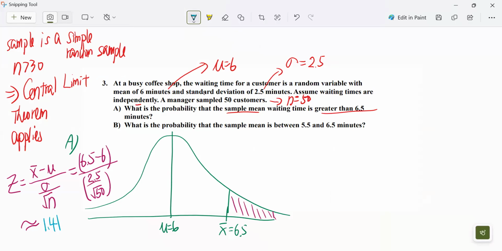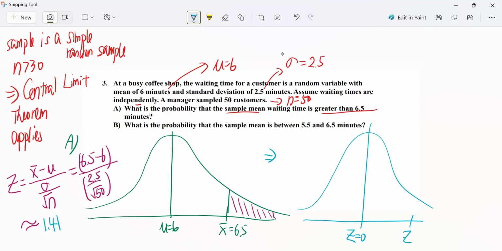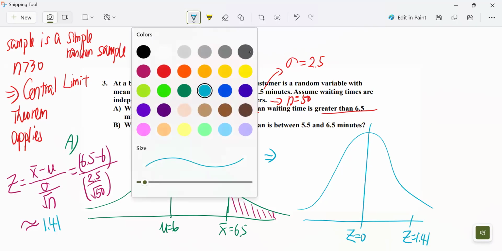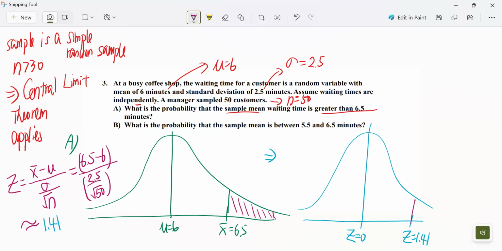Now we're going to use table A2 on the formula sheet. So here we have the standard normal curve, right? On the standard normal curve, the z-score in the center is 0. Now our z-score here is 1.41, and we are looking for the area to the right-hand side.